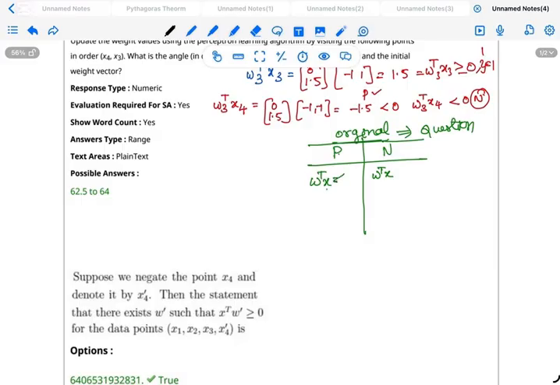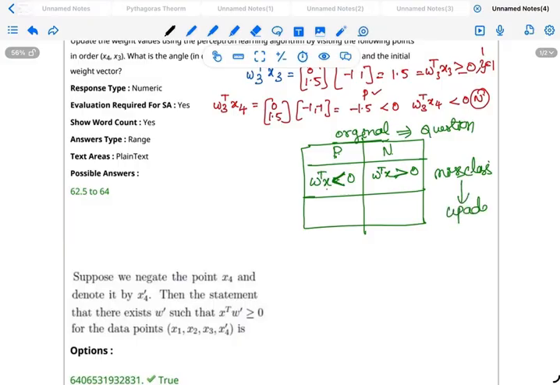If it is positive and W transpose X is less than 0, that is misclassified, right? For negative, if it is greater than 0, it is misclassified. If it is misclassified, you have to update the weight vector W. If it is negative, minus; if it is positive, plus.